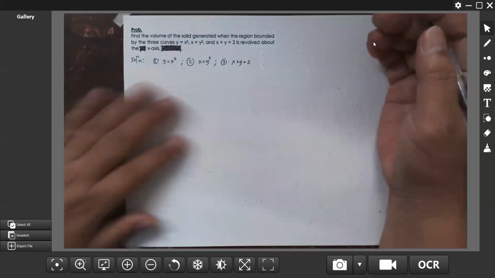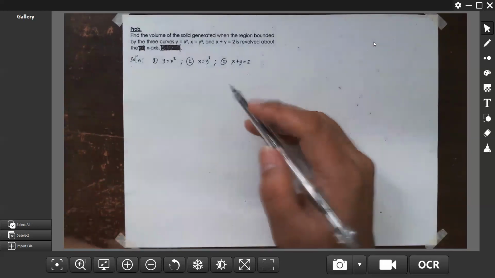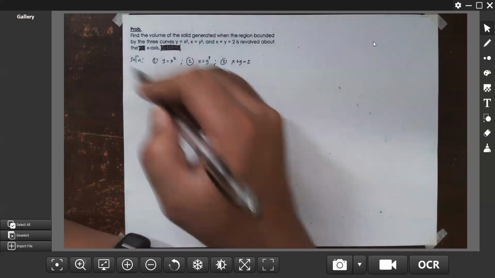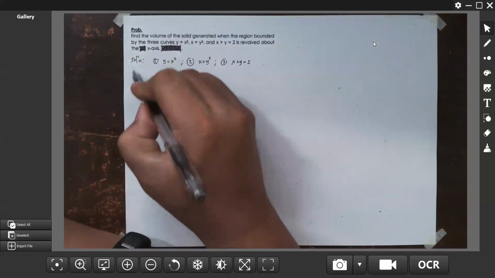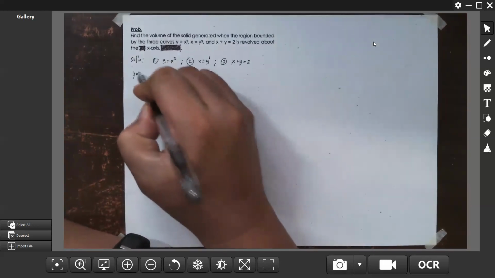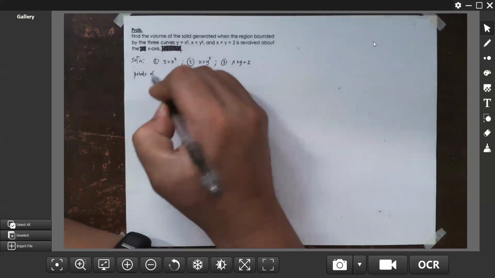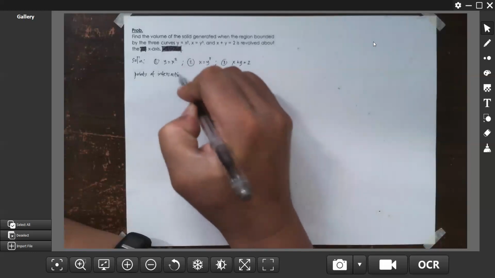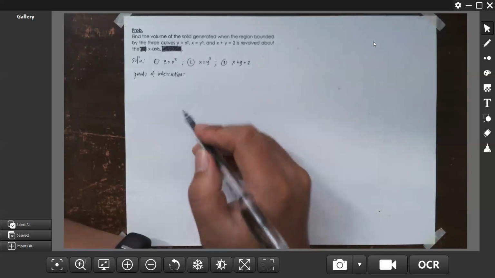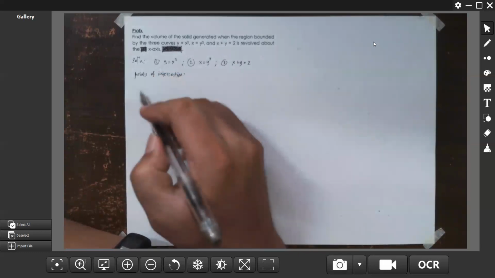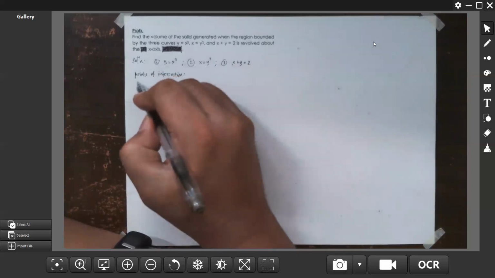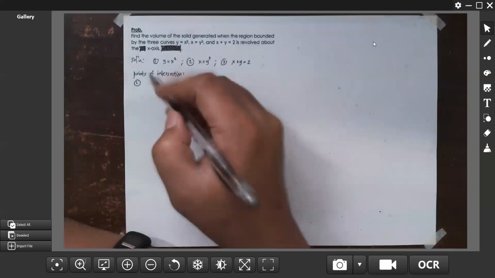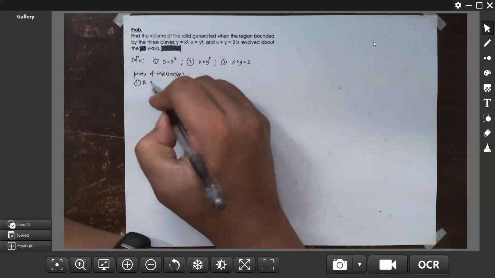So to have an accurate figure, let us first determine the points of intersection. Let us first solve for the points of intersection of curve 1 and 2.